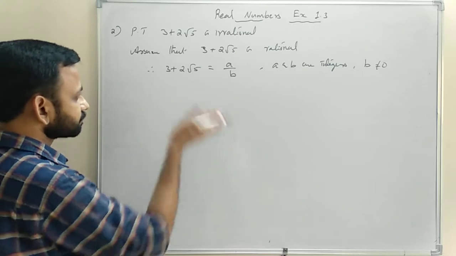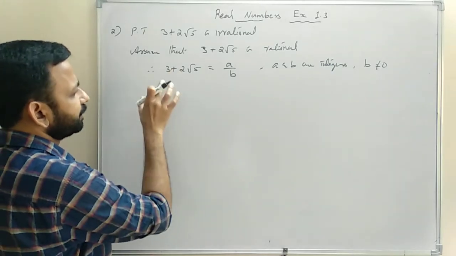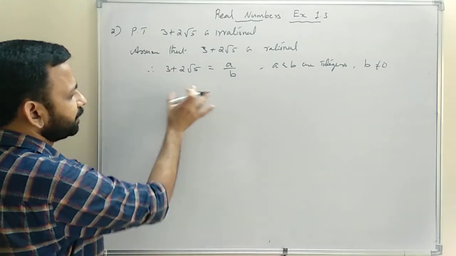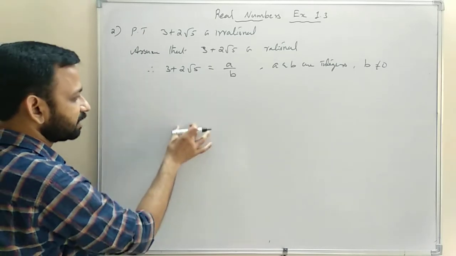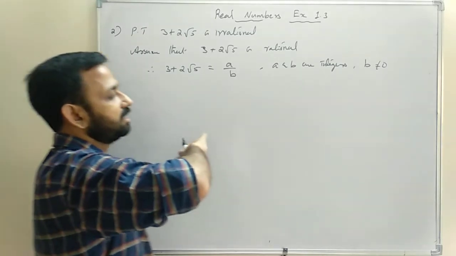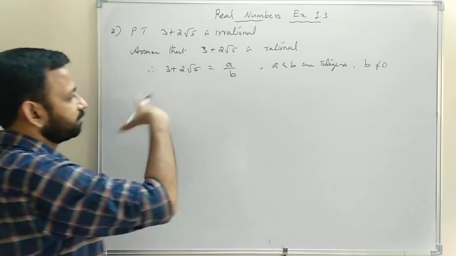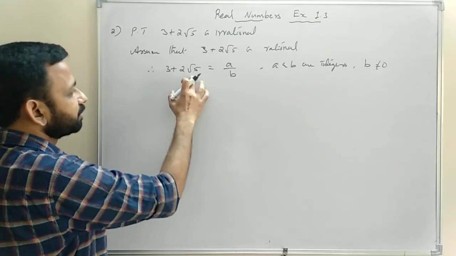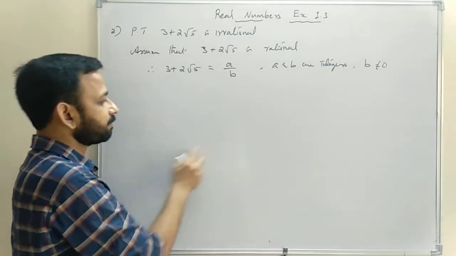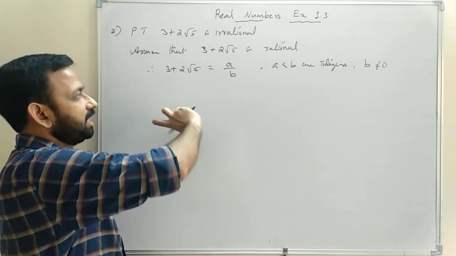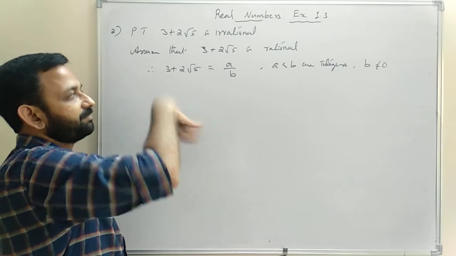Now we are going to write only the irrational part, root 5, on the left side, and move the rest of the numbers from left to right. So we are going to write 2 root 5 on the left side. We need to write only the irrational part on the left side, and the rational numbers we will take from left to right.